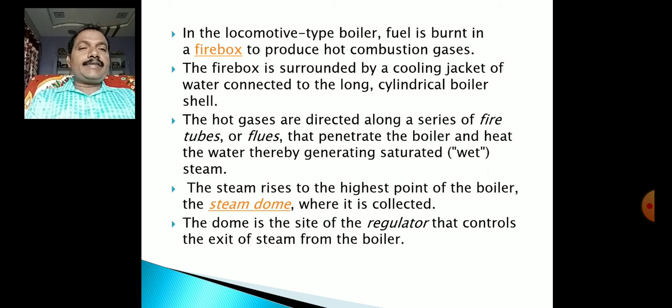The hot gases are directed along a series of fire tubes or flues, then penetrate the boiler and heat the water, thereby generating saturated steam, that is the wet steam. That steam rises to the highest point of the boiler, the steam dome, where it is collected. The dome is the site of the regulator that controls the exit of steam from the boiler.